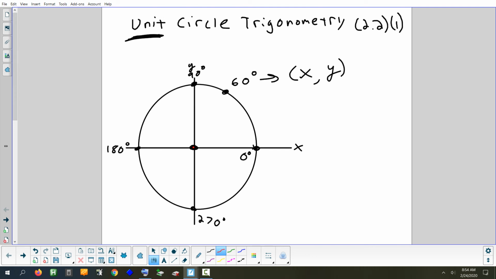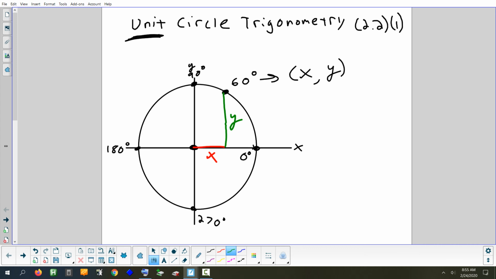The way you get to it is to go over from the origin that much to the right, and you go up that much. So you go to the right a little bit, and then you go up more. What we have to figure out, basically this whole week, is what are x and y.